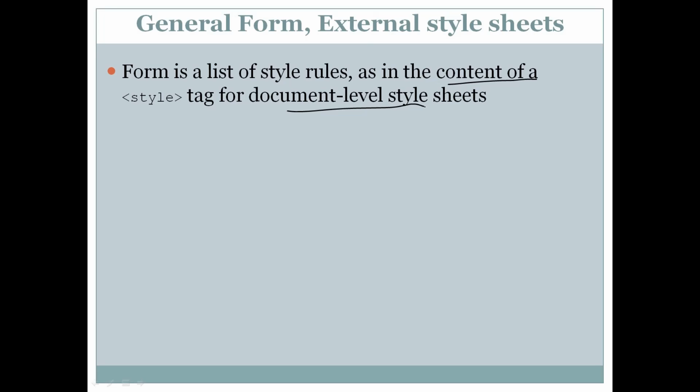We have to directly define the style property rules and their values. No need of the style tag. Without the style tag, we have to define the rules, and the rule set has to be defined in the form of property name and value. Okay.